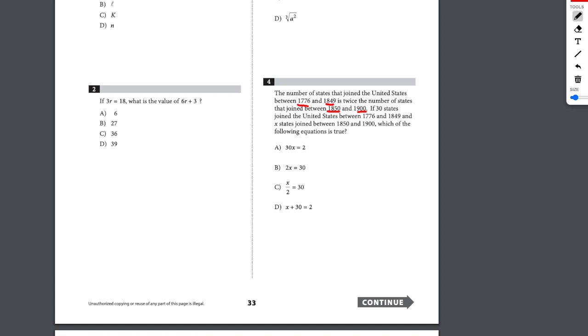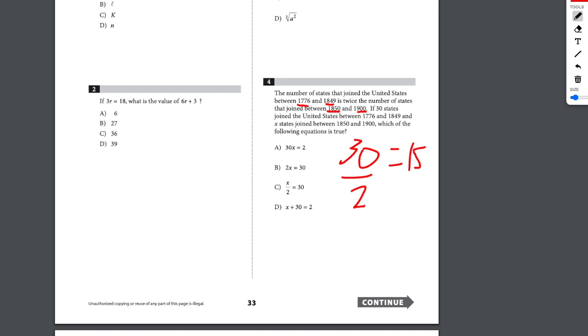I think we got maybe a few states, maybe Texas or Hawaii, maybe Alaska, some of those states, I don't know. But the main point is 30 states joined between 1776 and 1849, which means half of that, 30 over 2, 15 states joined from 1850 to 1900.